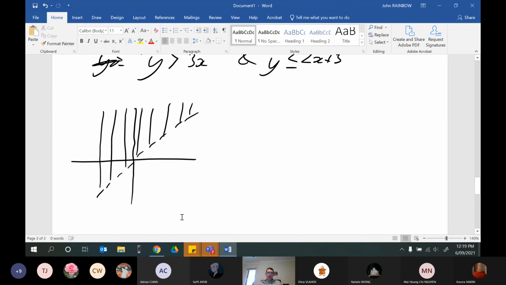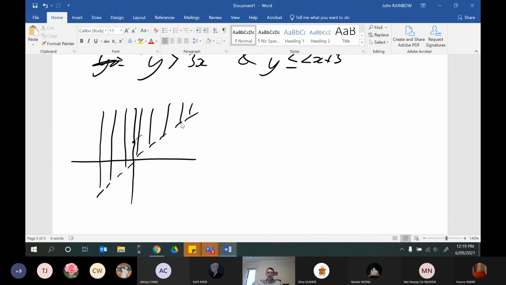So that's going to look like 2x plus 3 is underneath. So it's going to go at 3. These are going to intersect at 3, which would be 9.